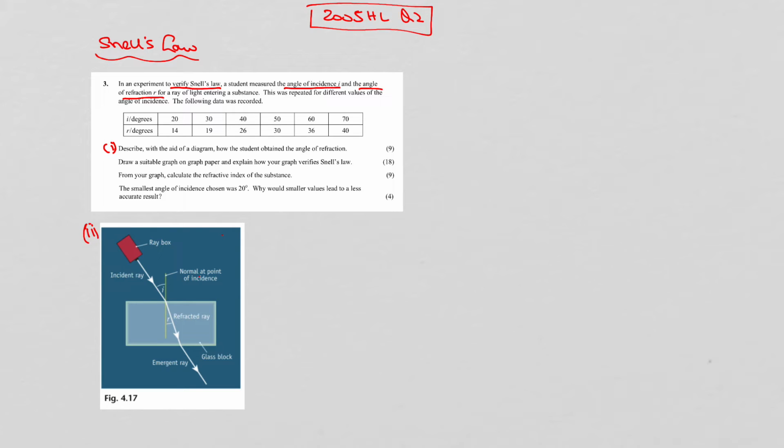So we would draw our diagram showing our ray box and a light ray incident on the glass block. We would trace the light ray using a ruler and draw the normal perpendicular to the glass block. We would measure the angle of incidence using a protractor.